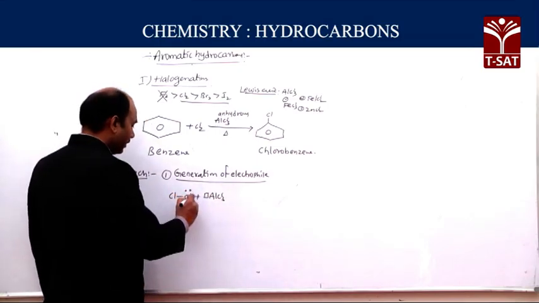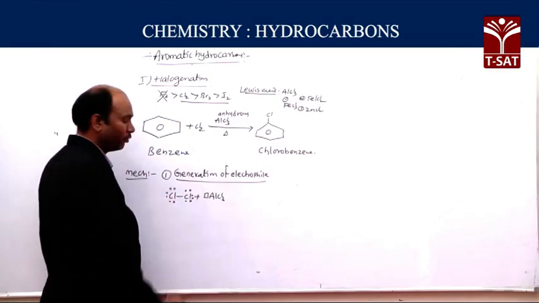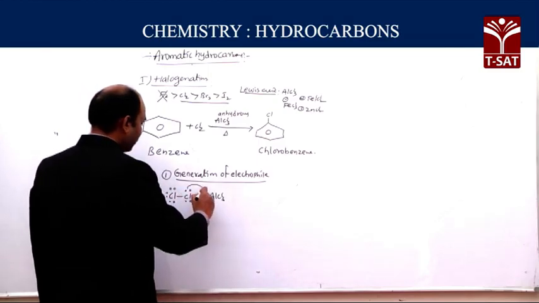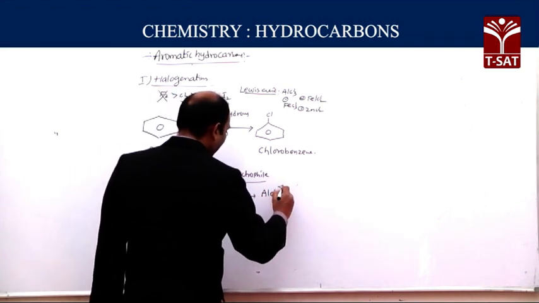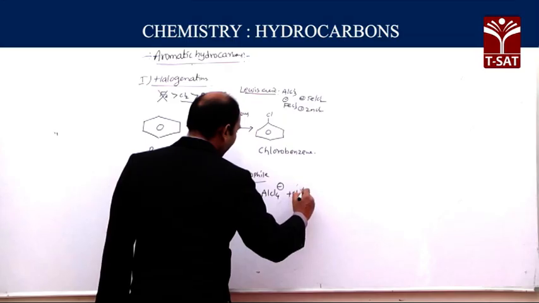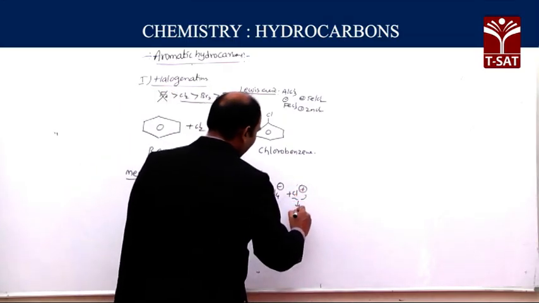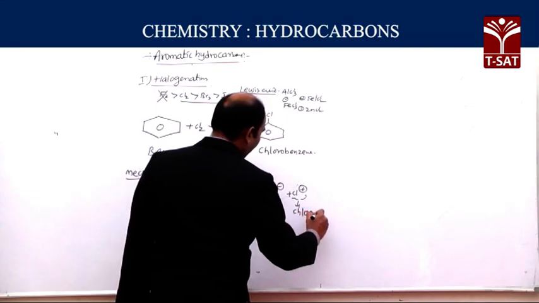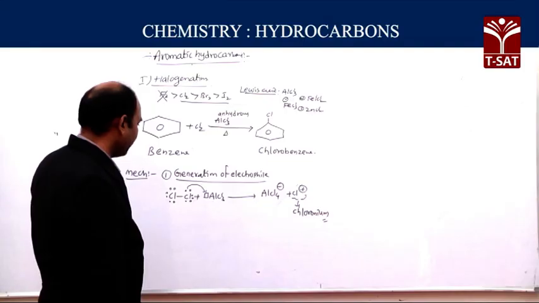This chlorine has lone pairs. Each chlorine has 3 lone pairs. This one donates, and this is converted into AlCl4 minus plus Cl plus. This chloronium ion is the electrophile.